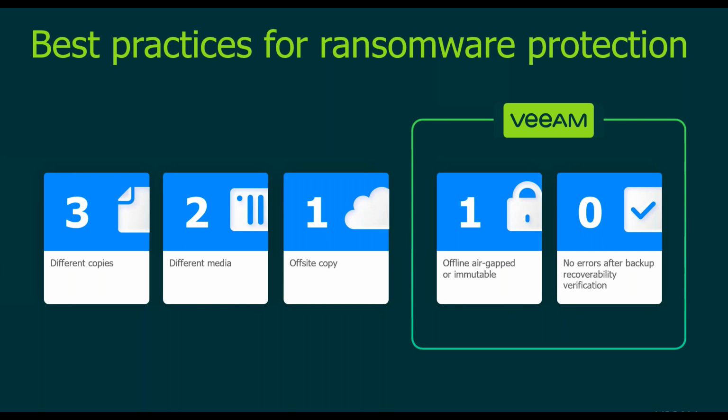As the threat of ransomware has evolved, we recommend at least one copy of data be resilient, either through an air gap, offline, or immutable. This is imperative for effectively defending yourself against ransomware.